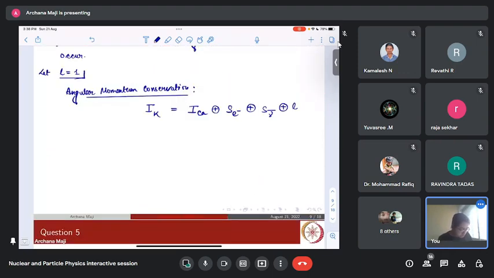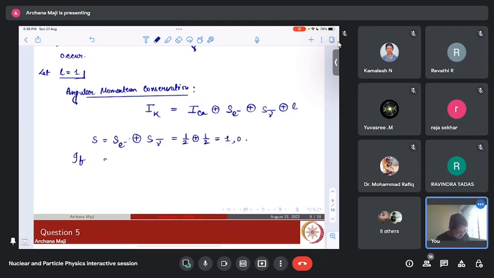We know that electron and antineutrino both are spin half particles. Let us denote by S the sum of the electron and antineutrino spins, which is half plus half, so it can take value 1 or 0.